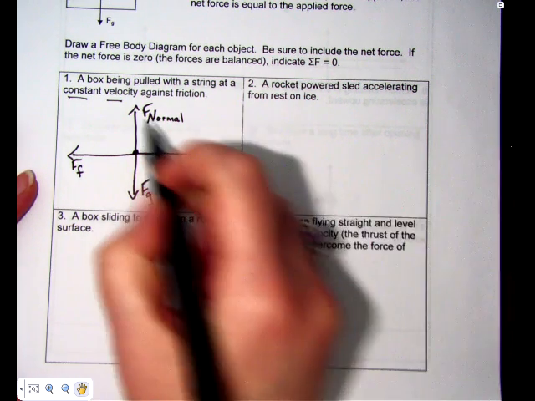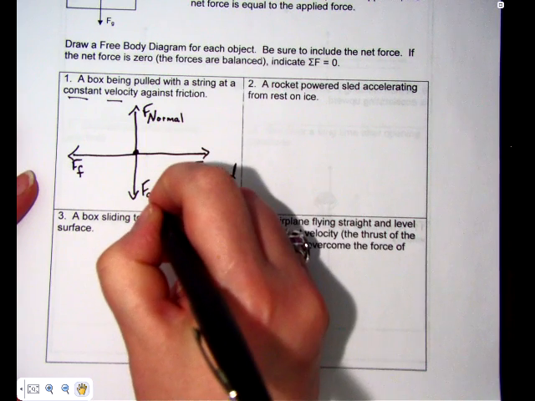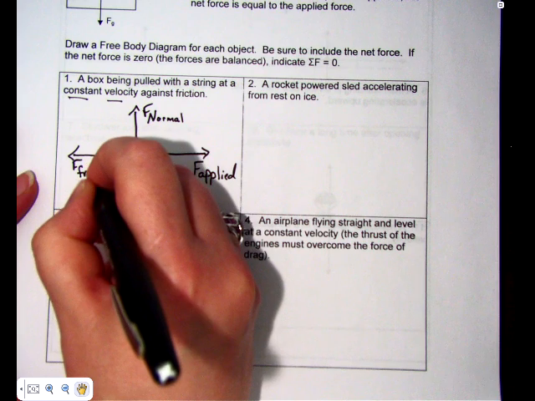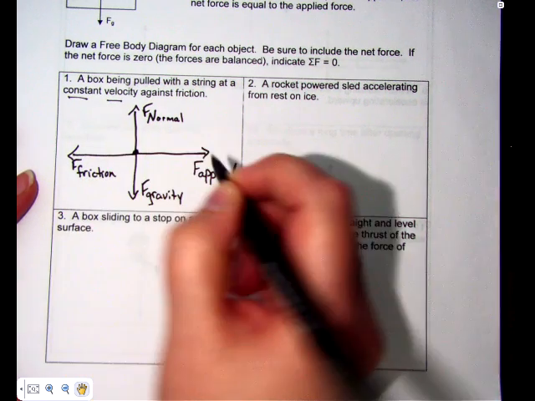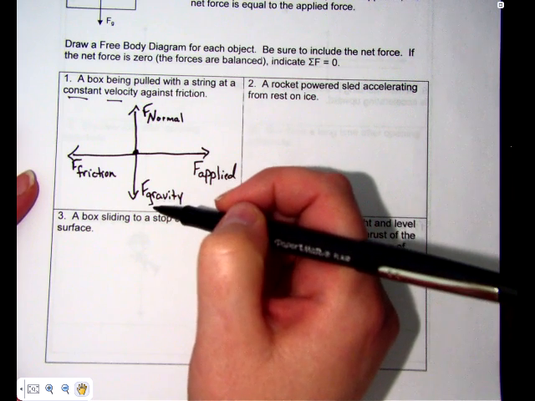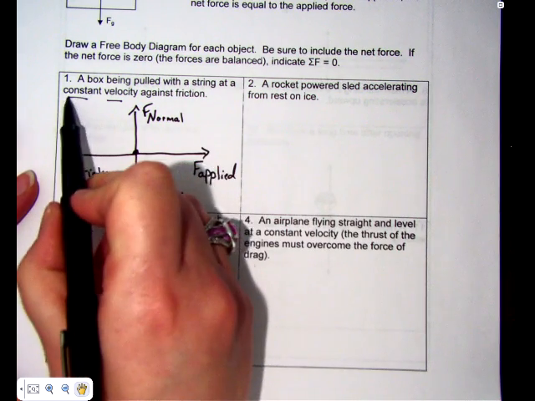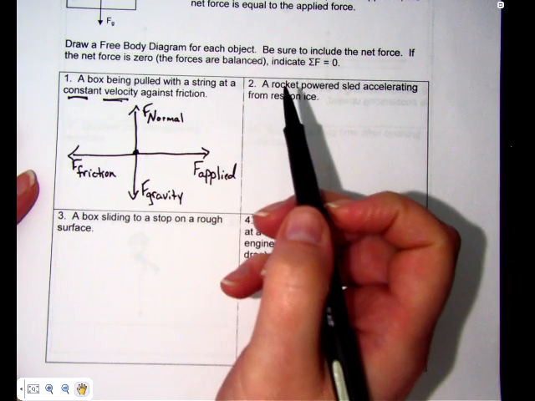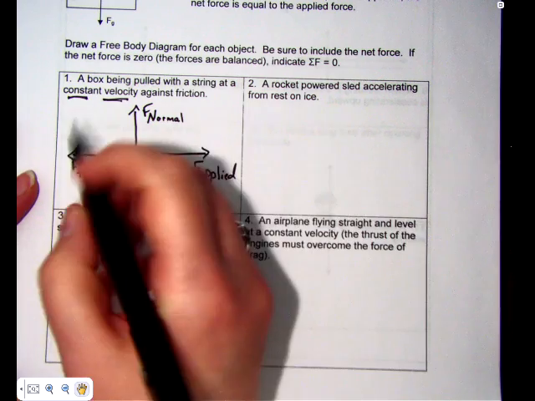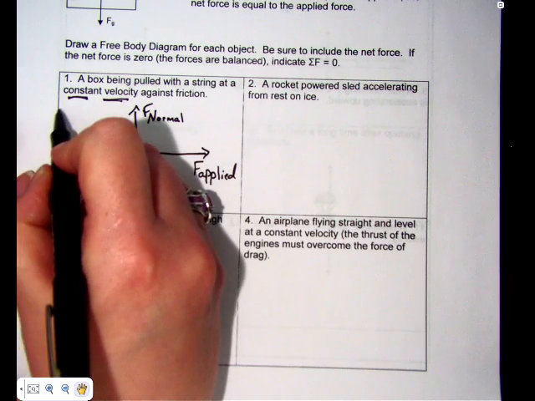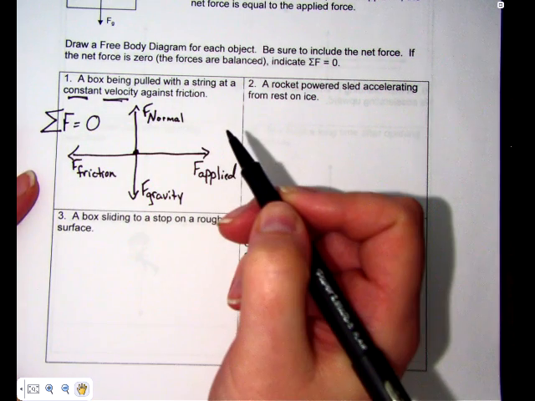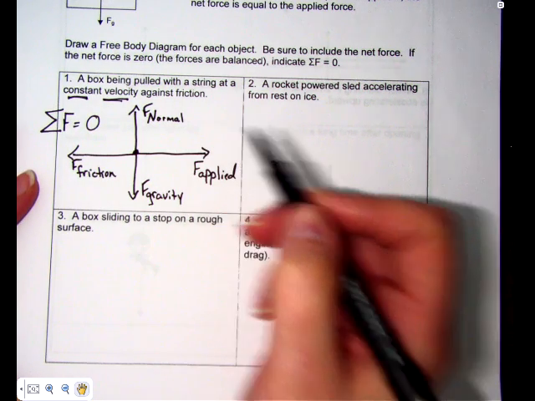So I'm just going to write these words out since this is the first time that I've used them, and I'll just stick to the letters from now on every time I use them, but when I introduce a new one I'll write it out. But since it said it was going at a constant velocity, that means these two things are balanced out. So our net force is equal to 0. There's no overcoming force.